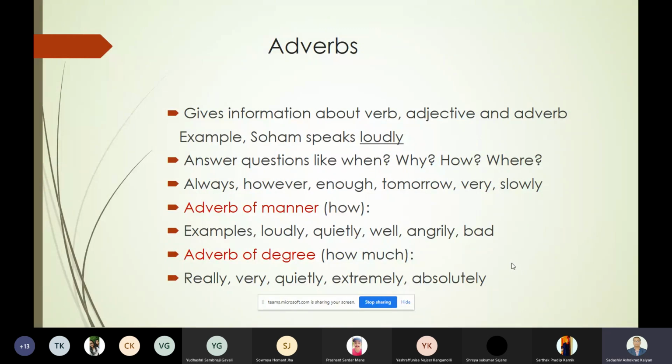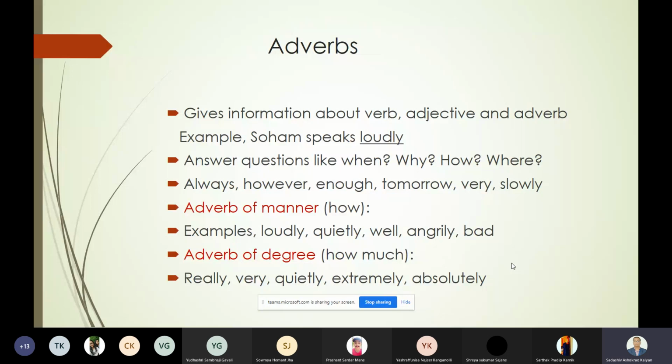Then we have another type of adverb. We can call this another type of adverb the adverb of degree. The adverb of degree is nothing but it is trying to tell us in short how much. How much sugar do you need in your tea?